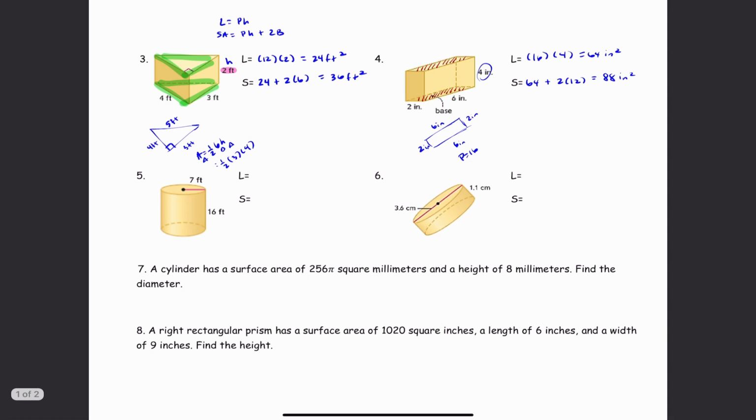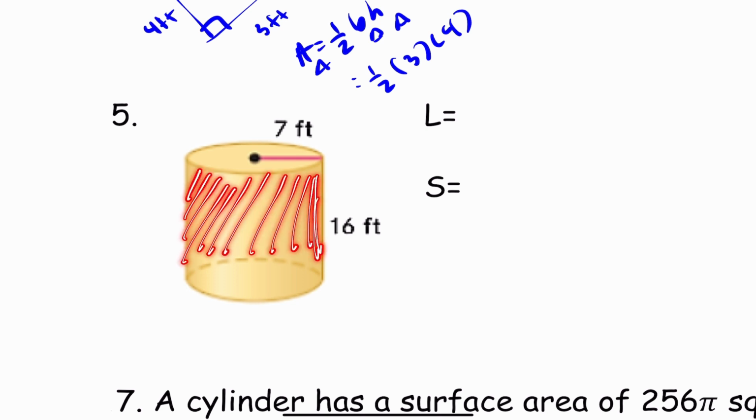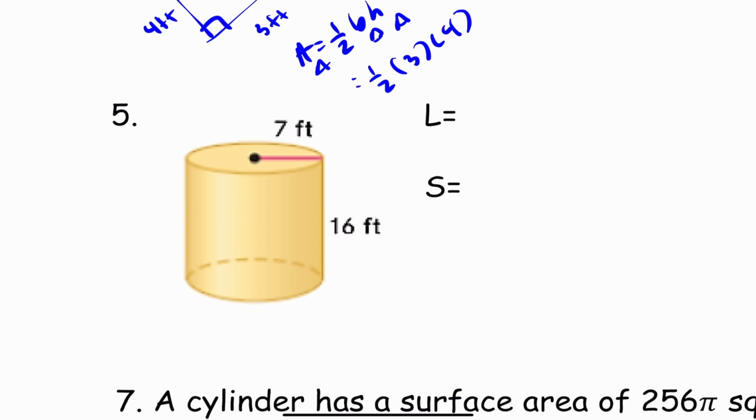And then let's take a look at number 5. Number 5 is dealing with a cylinder. It's like a prism. It has the same formulas. Lateral area. It has one face. It's this thing right here, this little curvy thing.